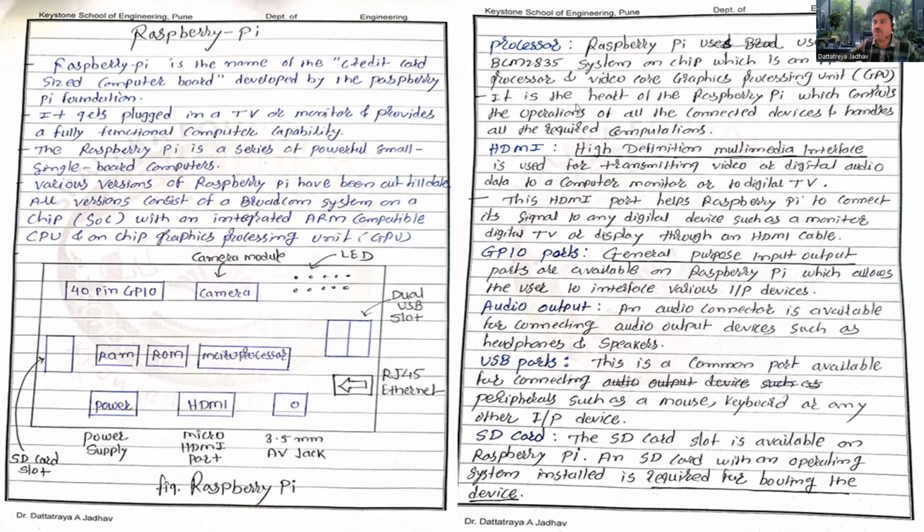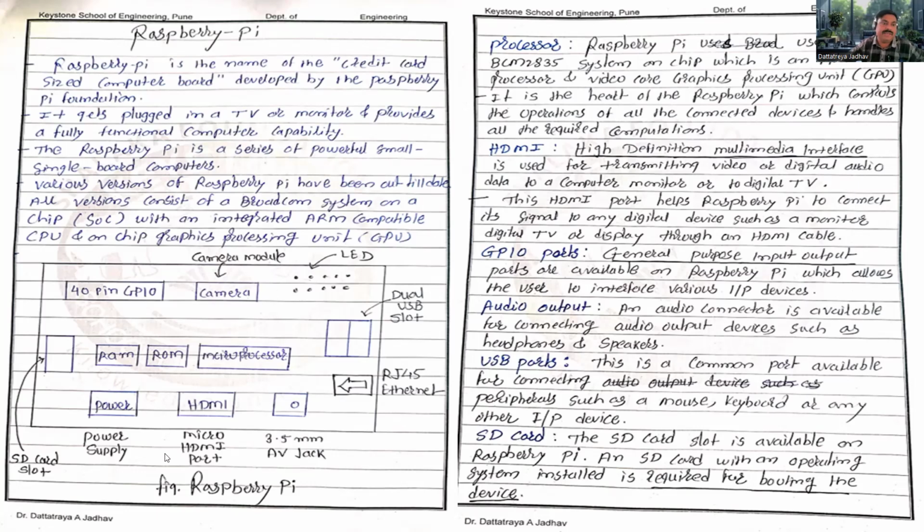It is the heart of Raspberry Pi, which controls the operation of all the connected devices and handles all the required computation. This is built in, and it includes the ARM processor and the GPU, which can control all the operations of the Raspberry Pi.